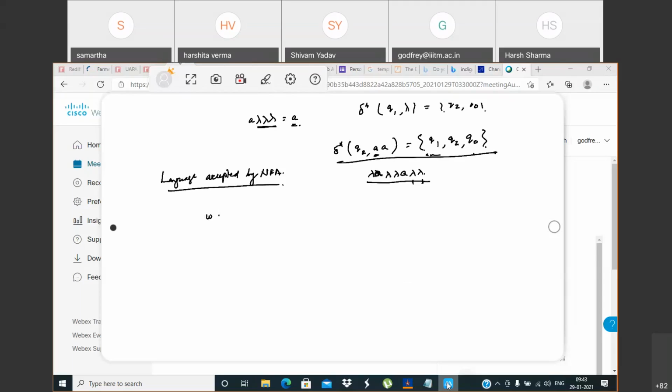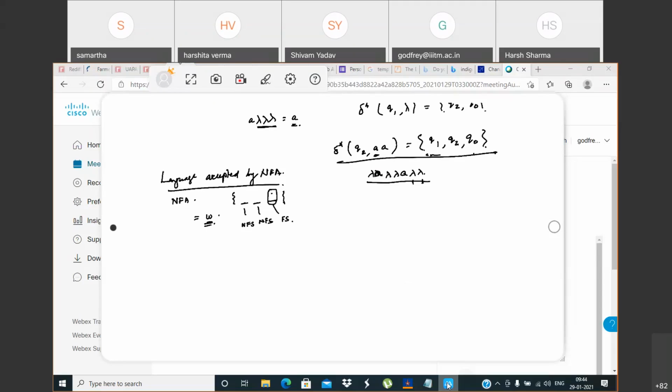For a string W with respect to the NFA, you may have reached a set of states after reading this string, which may include non-final states as well as final states, right? If on reading an input string W the NFA reaches at least one final state, then we say that the string is accepted by the NFA.